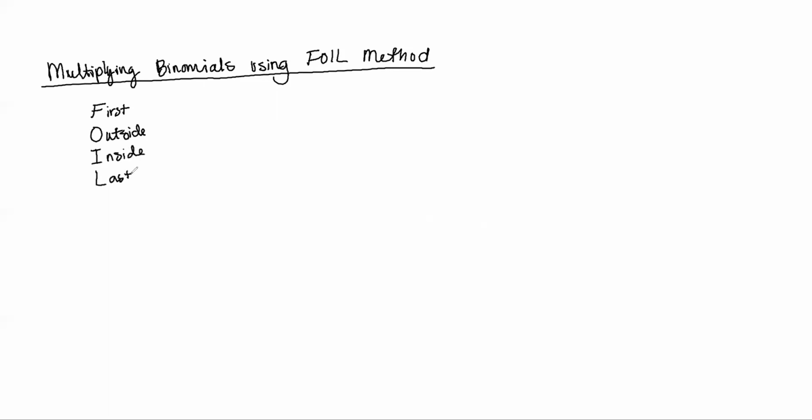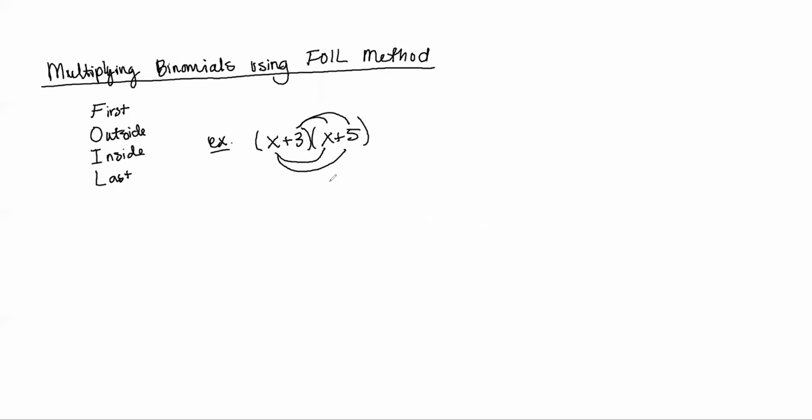I'm not actually going to go through and do this example because we'll look at some in a second. But let's say we had x plus 3 times x plus 5. What we can do is think of it as just like distributing like we did before: distribute the x in, distribute the 3 in, combine all your like terms.